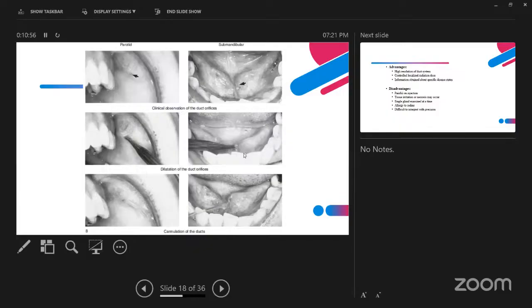We can inject about 2 ml of contrast medium into the parotid gland and about 1 ml into the submandibular gland. Again, after the radiograph, the patient sucks on a lemon wedge to evacuate the contrast medium. Again, a third radiograph is taken, the post-procedure radiograph, to check the secretion of the gland. So this is the procedure of xylography.